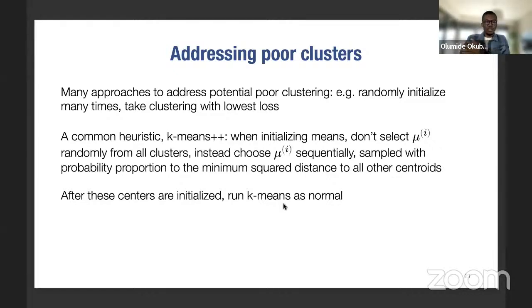How do you pick center three, right? You're going to do the same thing, but instead of the probability being based just on center one, your probability is going to be based on the minimum distance between 1 and 2, because you have 2 now. And what happens is, in 3, you're going to have a center that is as far as possible from 1 and 2, right?